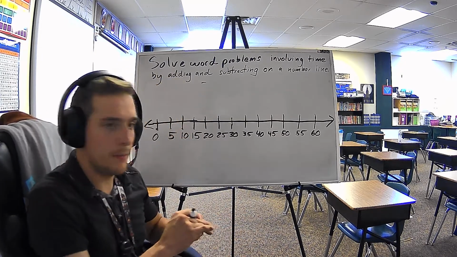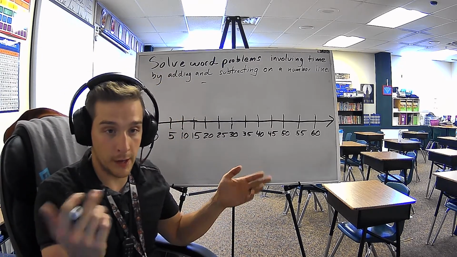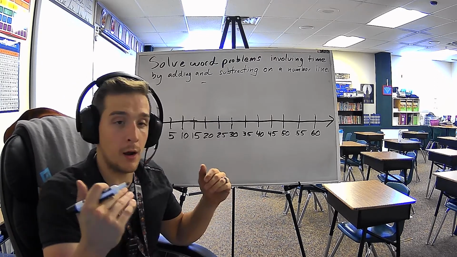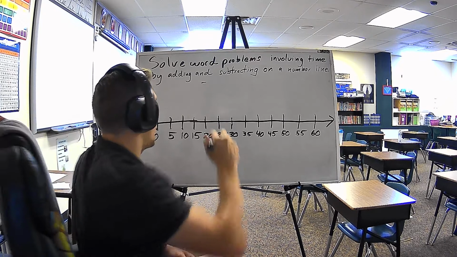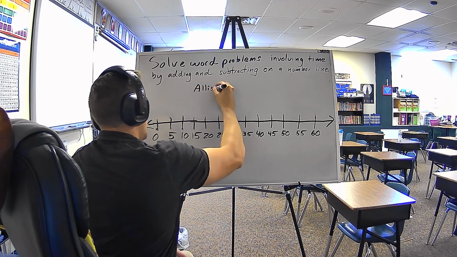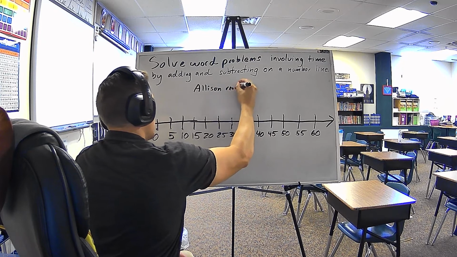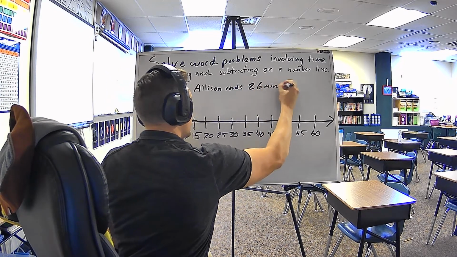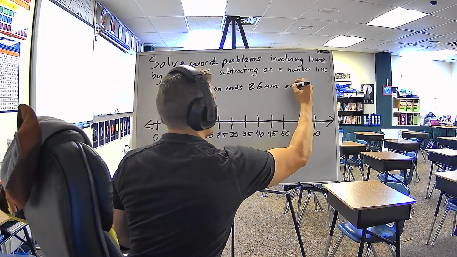So let's say Mr. Luthi assigned reading homework, and I told you, just read as many minutes as you can a day. And on Monday, we will say Allison reads 26 minutes on Monday.